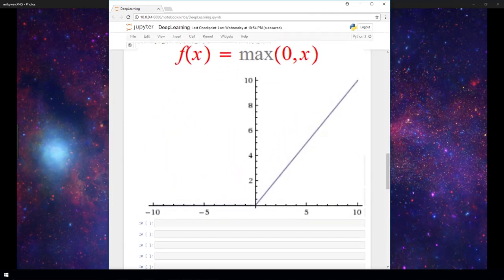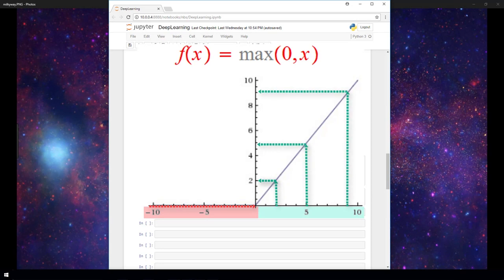ReLU, which is short for rectified linear unit, transforms the input to the maximum of either 0 or the input itself. So if the input is less than or equal to 0, then ReLU will transform the input to be 0. If the number is greater than 0, ReLU will then just output the given input. The idea here is the more positive the neuron, the more activated it is.